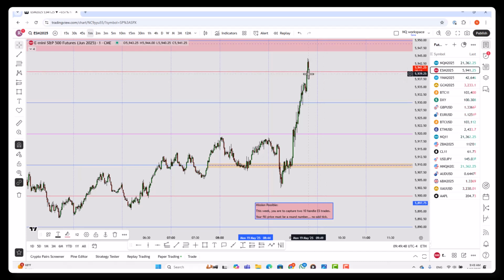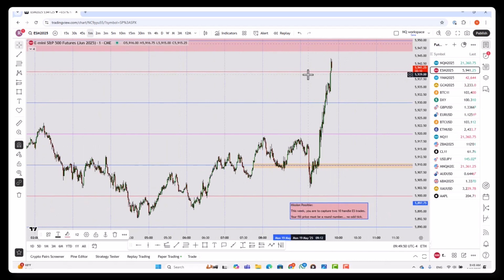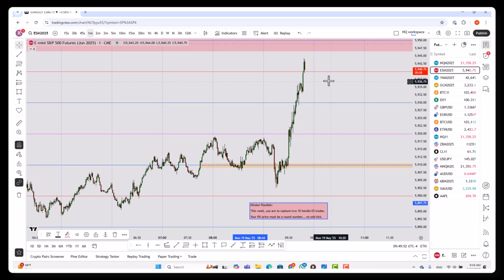There is no PDA here that I can use. Otherwise, I would use it to buy. But there is this fair value gap down here, so I've used it. So let's see. I'm gonna do the exercise here.